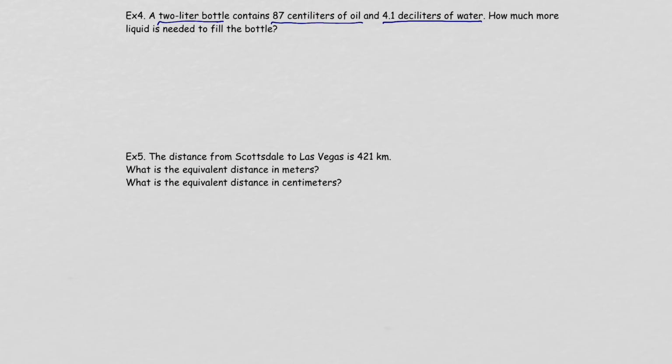So let's change all of this into liters, right? Change it to 1 unit and see how much more you will need to fill this 2-liter bottle. So let's change 87 centiliters to liter. And then also you do 4.1 deciliters, change it to liters.